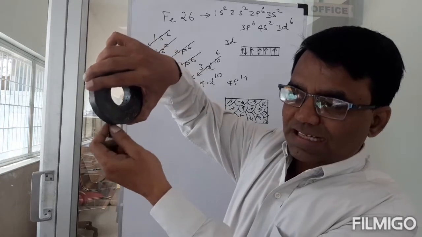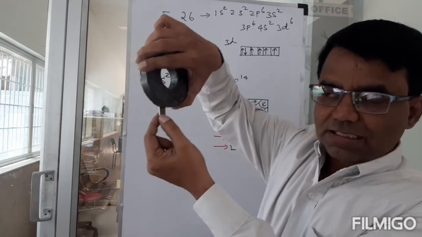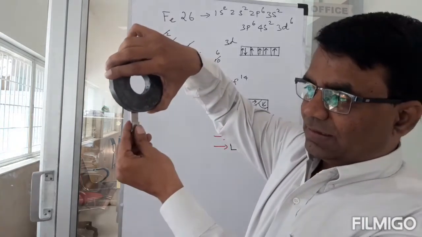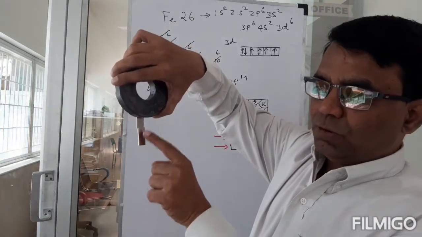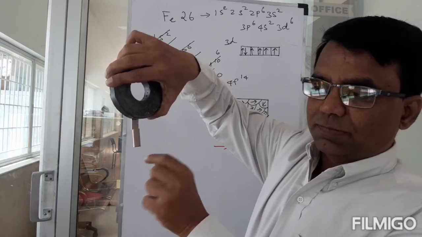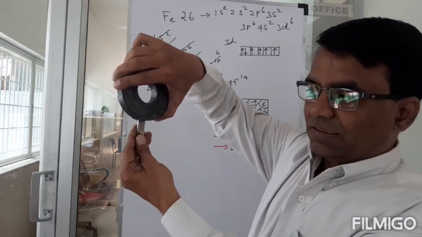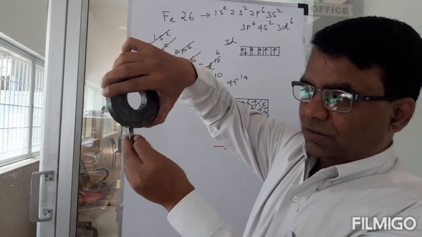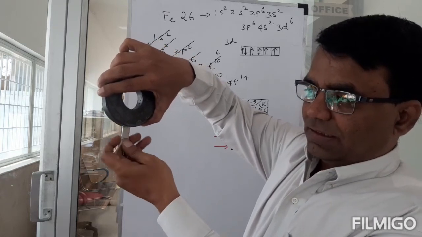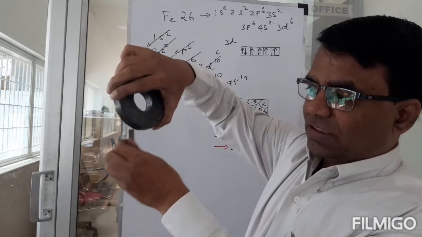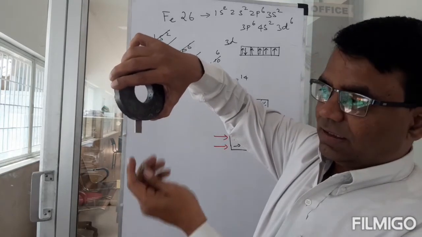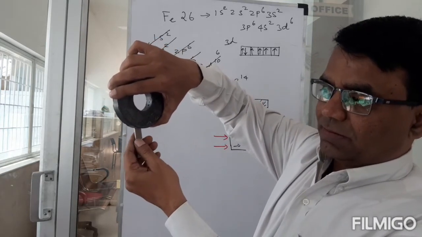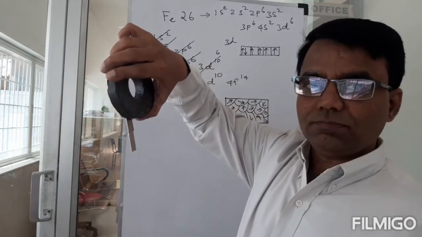Because this piece is magnetized, keeping it here, it is now able to attract this piece. So these two are ferromagnetic materials, so they get attracted to magnets. This has got attracted to the magnet, and now this has got attracted to this piece. Very easy.